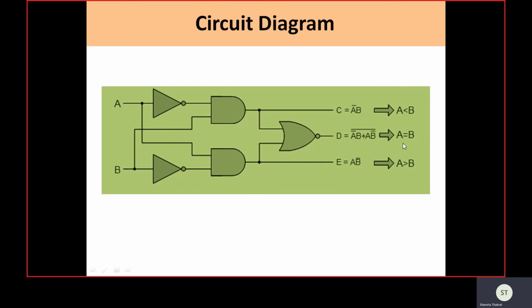And let's say we need to generate this logic for A equal to B, that is A complement B complement plus AB. So that can be written as A complement B plus AB complement to the whole complement. So at this output line we have A complement B. At this output line we have AB complement. So we have to take the plus of these two and the whole complement.